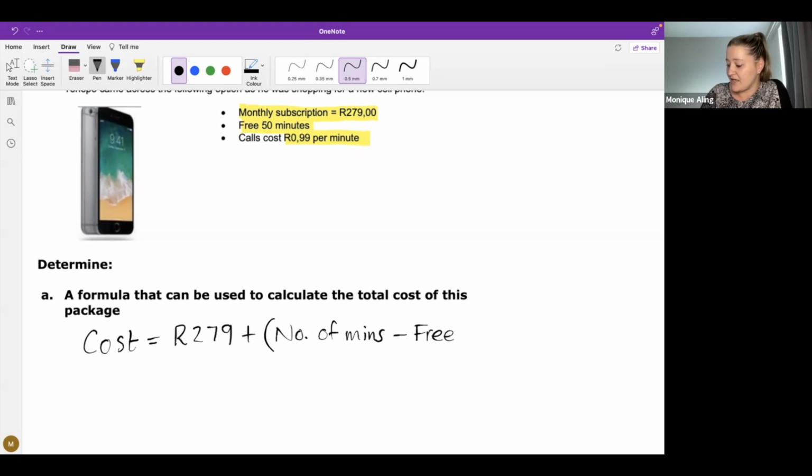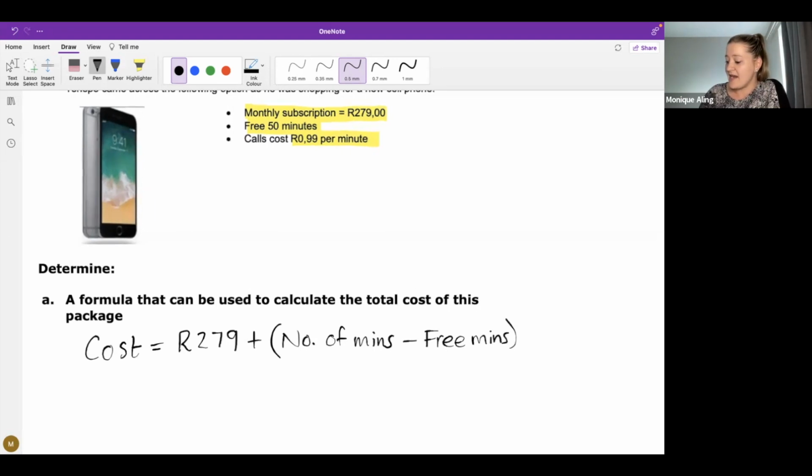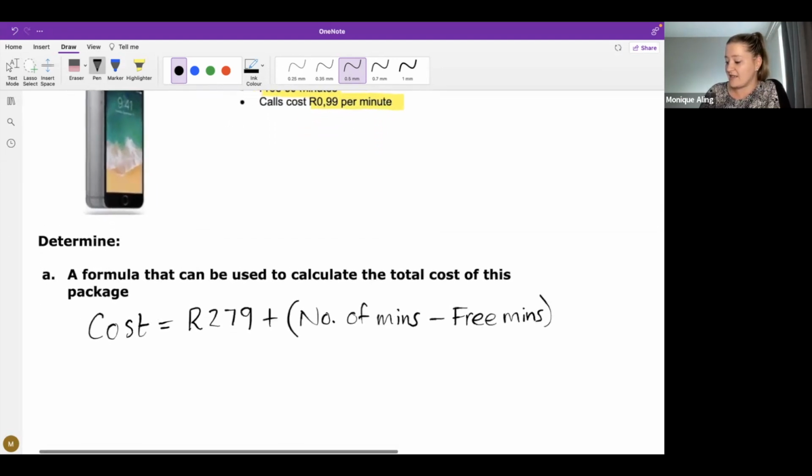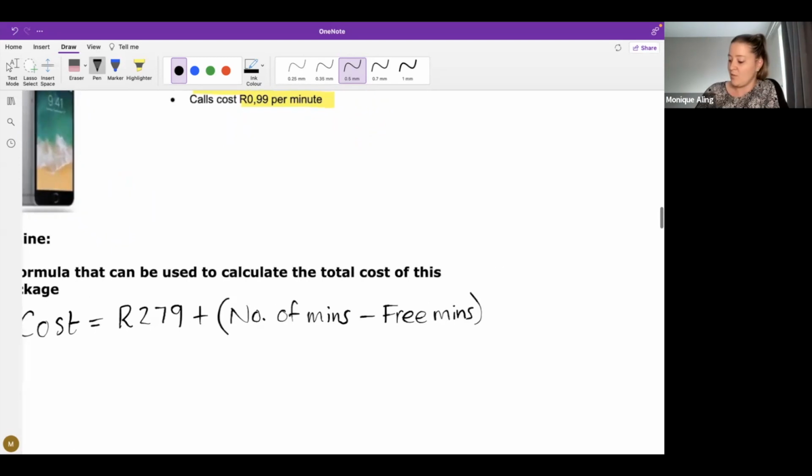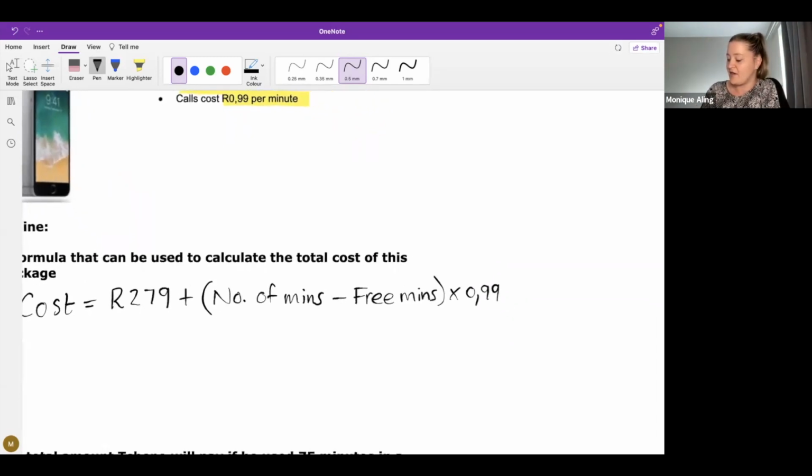We know we get 50 free, so you can put the 50 in there straight away, and whatever our answer is from the bracket will be times by 0.99 because that is the tariff.